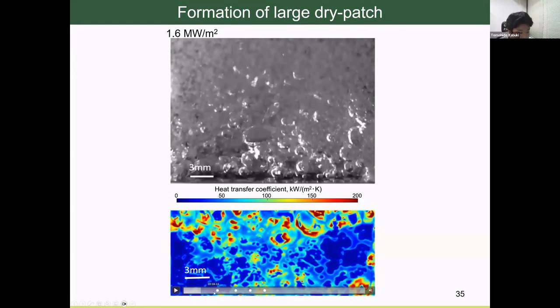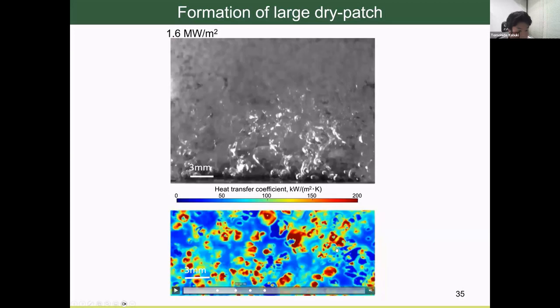Before the formation of the large dry patch, we can see a very large macrolayer. In this high heat flux condition, there is so much bubble nucleation even under the macrolayer, so you can see many microlayers in the macrolayer region.